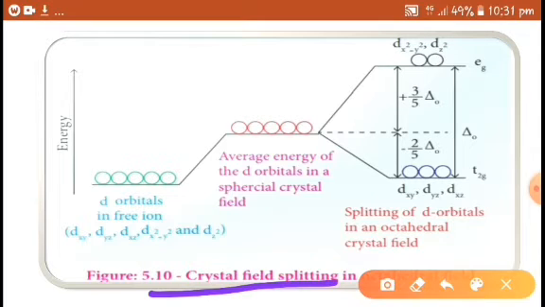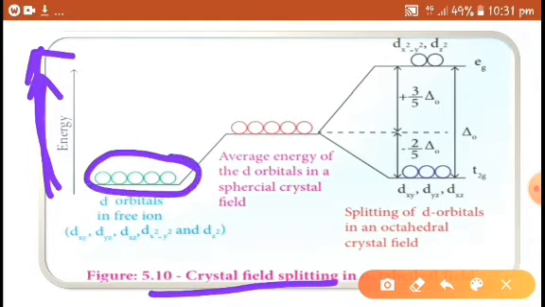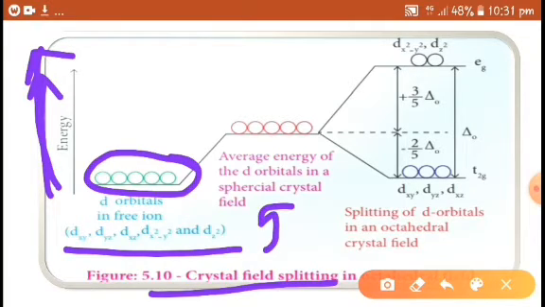So here it is energy. In this way energy is increased. Here are the free d orbitals of the metal ion. There is no influence of ligands here. When ligands approach, the approach can be explained in 2 steps.